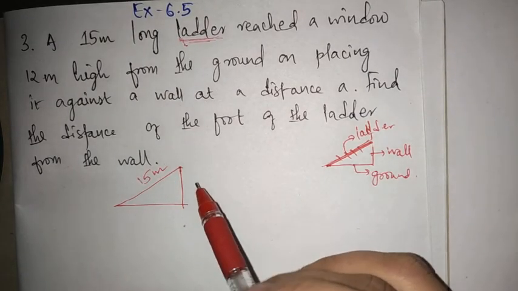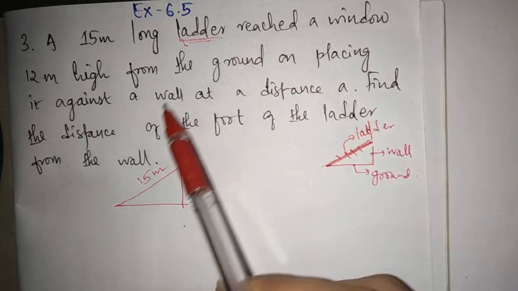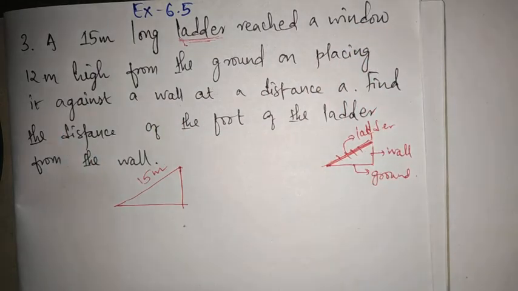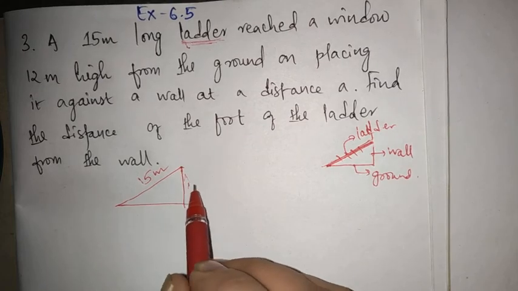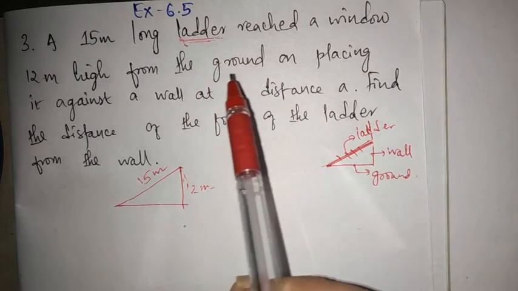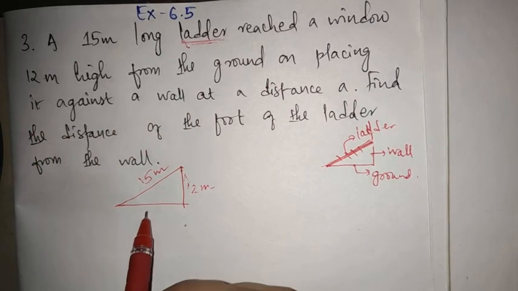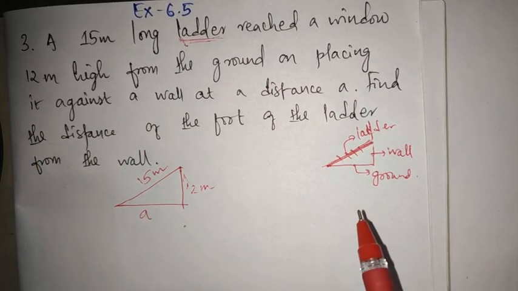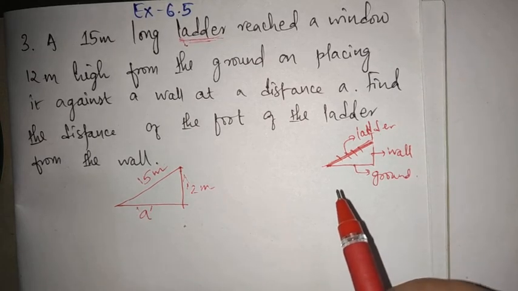This cannot be the height, because they are saying that the 15-meter long ladder reached a window, and the window is 12 meters high. The window should be on the wall, right? So we can assume that the height is 12 meters. On placing it against a wall at a distance A, the remaining one is your base distance.